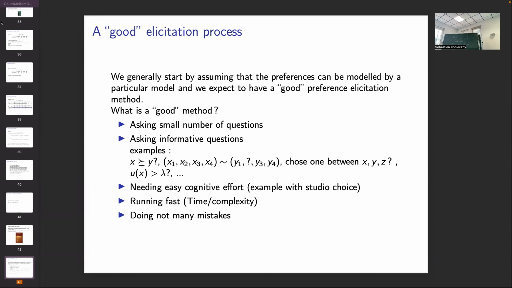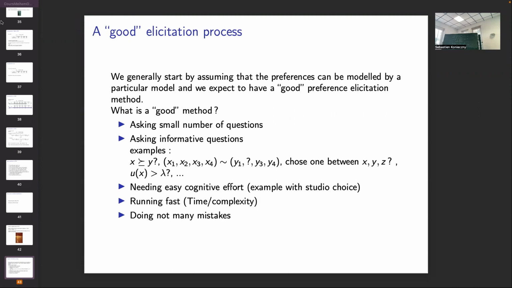We did it 2 days ago when you told me the salary that you would accept in order to change your job, okay? So you can do matching questions, or you can say choose one between X, Y, and Z, or you can ask a threshold, for example if the utility of this attribute is greater than a threshold, etc.